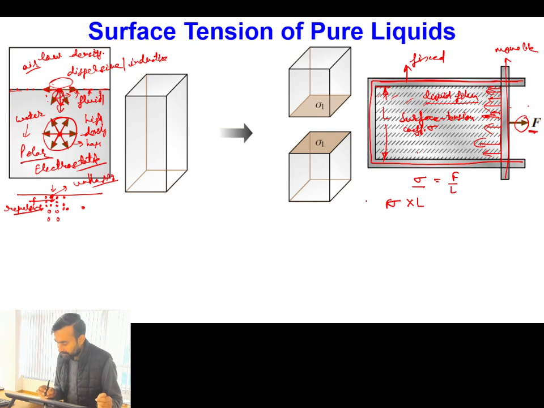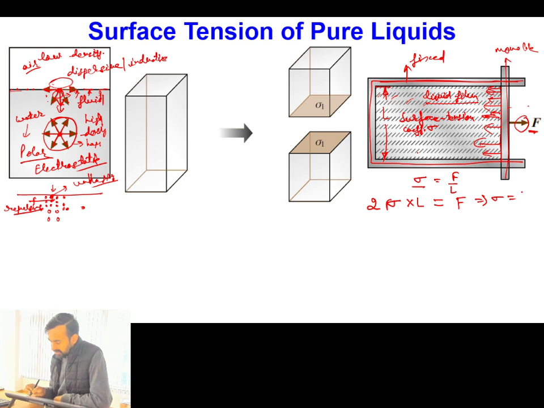So ultimately the force because of the surface tension which is acting on this, that will be 2 sigma into L, and this force has to be balanced by this F. In that scenario only I will be able to maintain this liquid film at the current situation. So it means that from here sigma will become F by 2L.